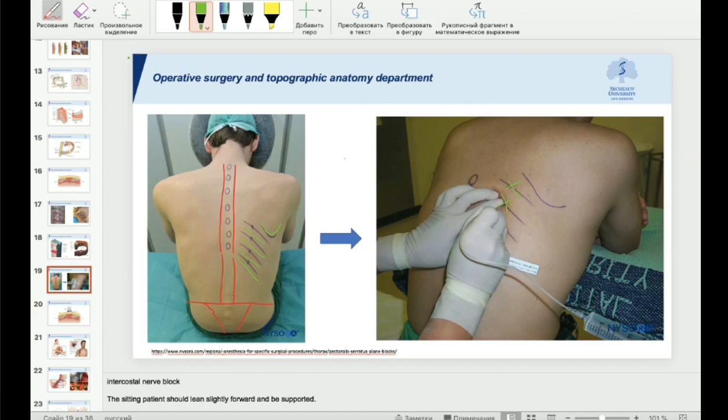So if your needle is inside a blood vessel, you will find blood inside the syringe. And according to this, you need to go a little bit back and change the direction of your needle. According to this, you will find the safe area for the injection, because blood inside the syringe means that you went to the upper rib, to its inferior surface, but not to the lower rib and its superior surface.